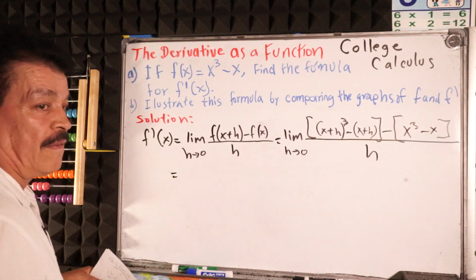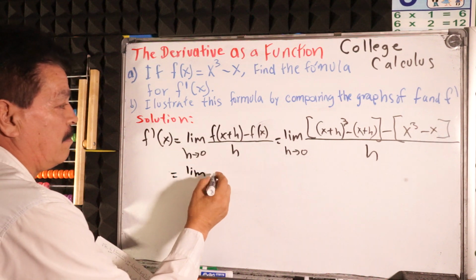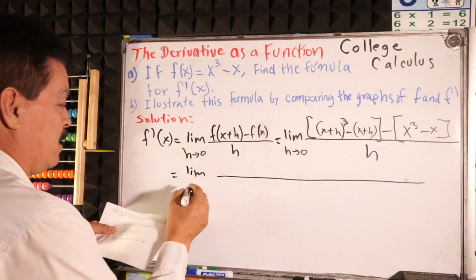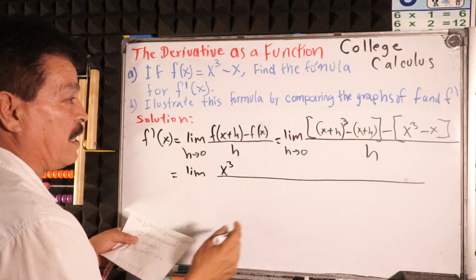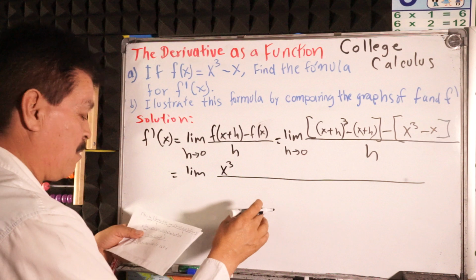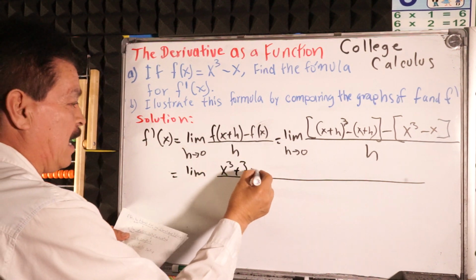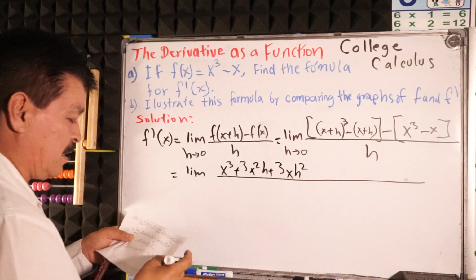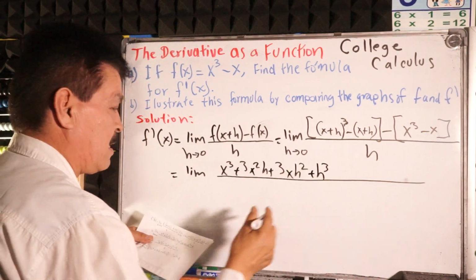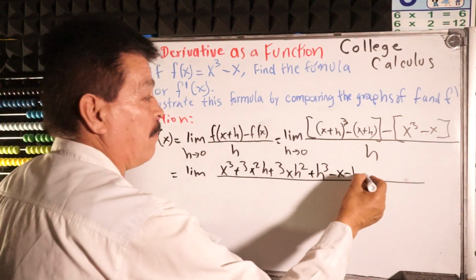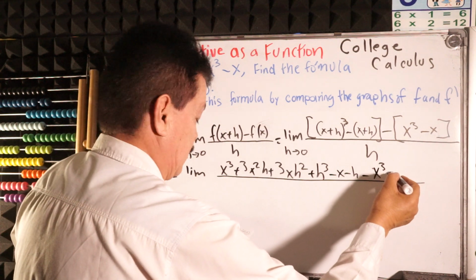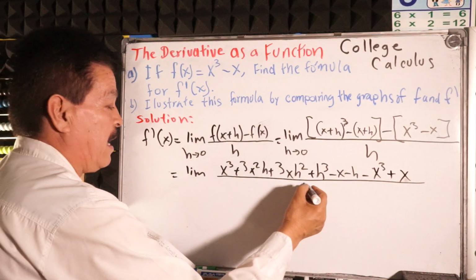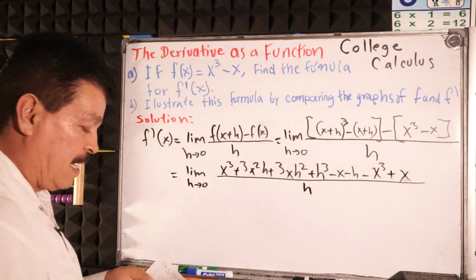Next step, we will have also the limit, but now it's a very long process. We will have x to the third power, now when you develop this, plus 3x squared h plus 3h x squared, plus h to the third power, minus x minus h, minus x to the third power plus x, everything divided by h when h approaches 0.